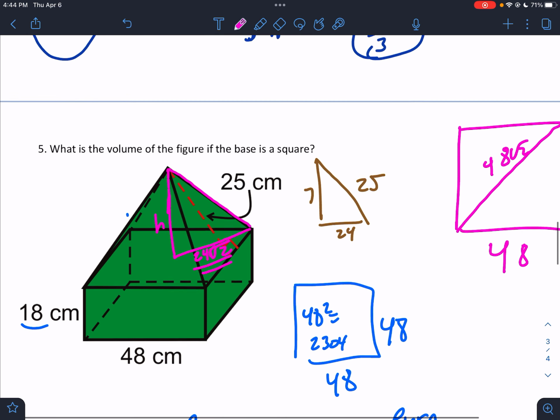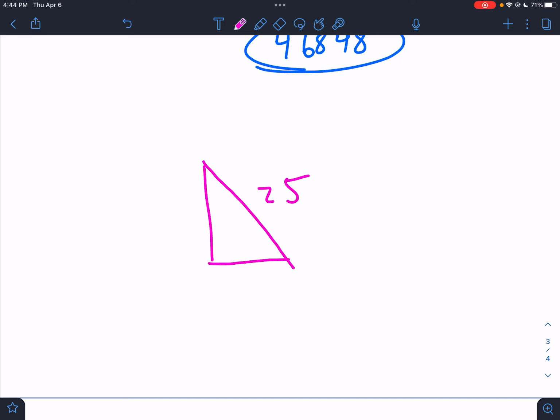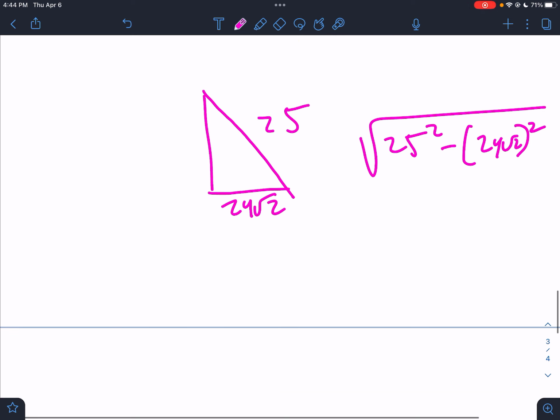So if I take that little sidebar, if I draw that triangle out, if we have 25 and 24 root 2, that'd be the square root of 25 squared minus parentheses 24 root 2 squared. The number one wrong thing I see, and I see people do this all throughout high school, please stop now.